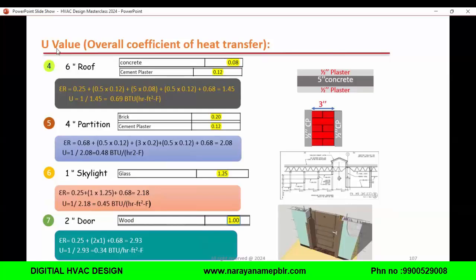Like this, you need to find out the U value. Clear? How to find out the U value? So all these values that we got, we will use in our project.